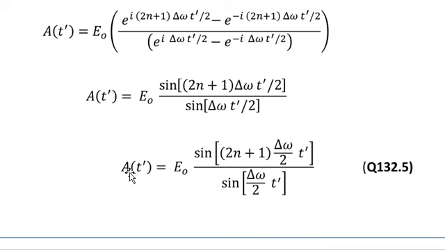It means that the intensity of the mode locked case will be proportional to the square of the 2n plus 1 factor. So that's why, in the mode locked case, you have a value greater by a factor of 2n plus 1. That is, the intensity of a peak in a mode locked laser will be 2n plus 1 times greater than the intensity of the unmode locked case.